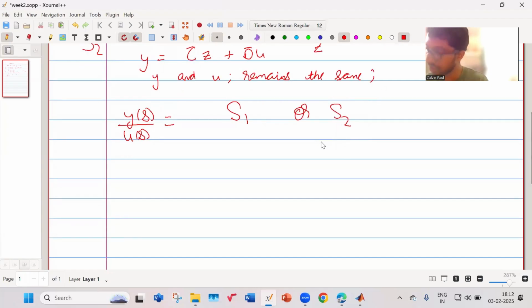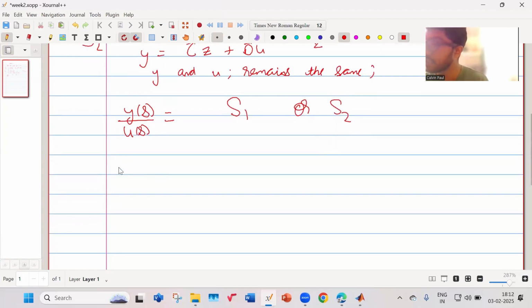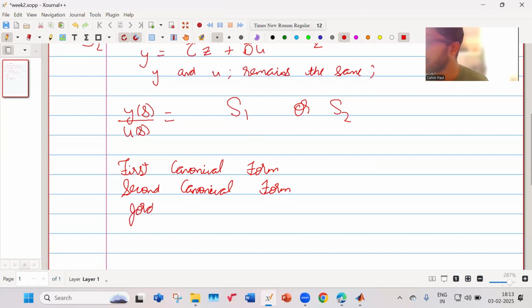So that's why Sir has taught in this week the first canonical form. Okay. He has also taught the second canonical form, and he has also taught the Jordan form and diagonal matrix, etc. So there are three forms Sir has shown.